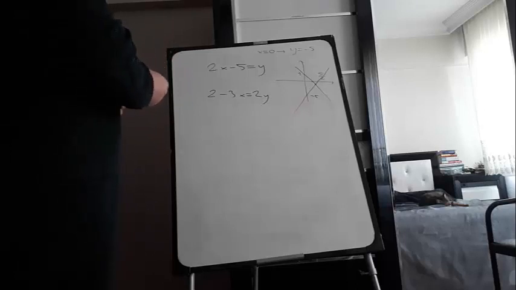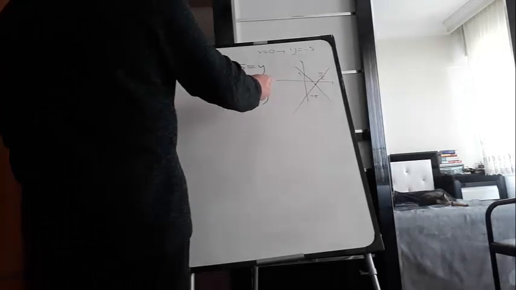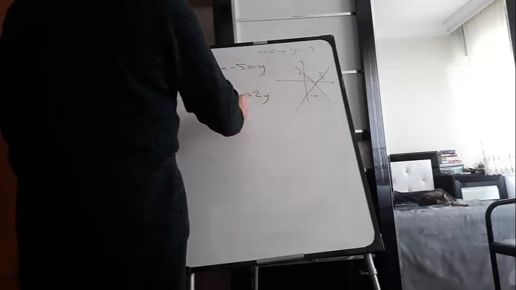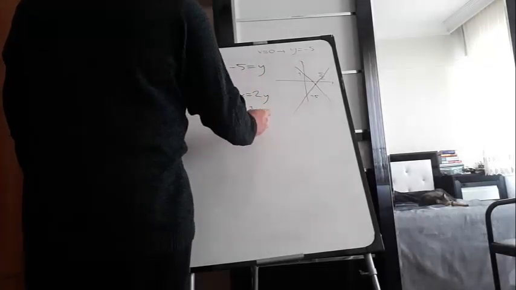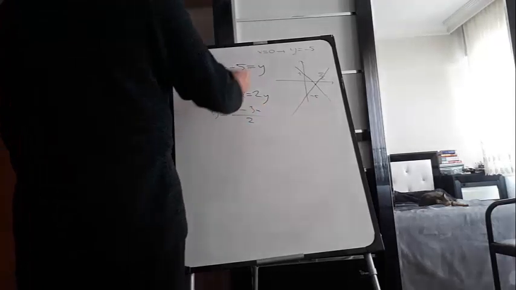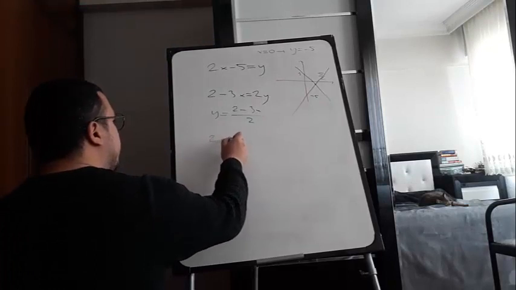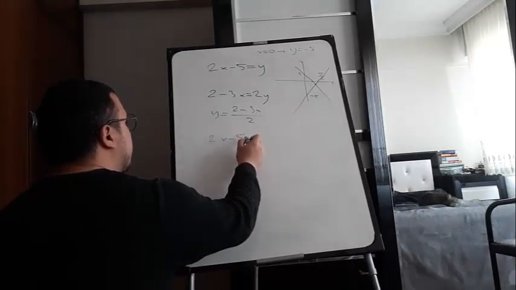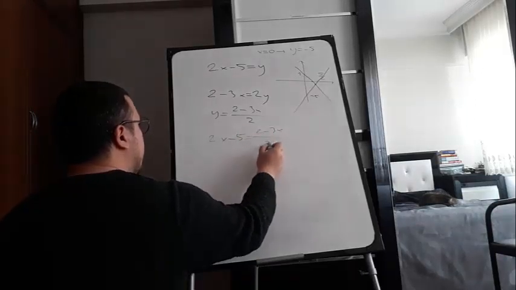In order to do that, I'm going to take y here. y equals (2 minus 3x) divided by 2, and then put this y in the other equation. 2x minus 5 equals (2 minus 3x) divided by 2.